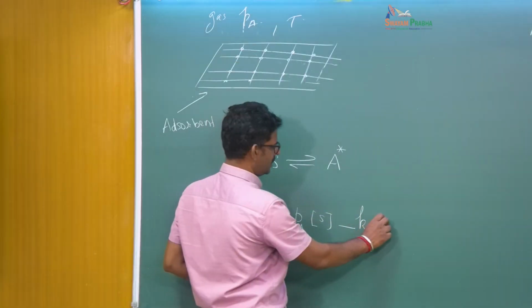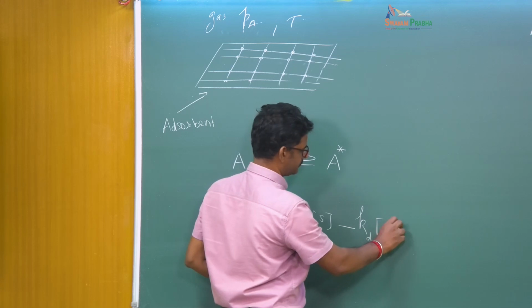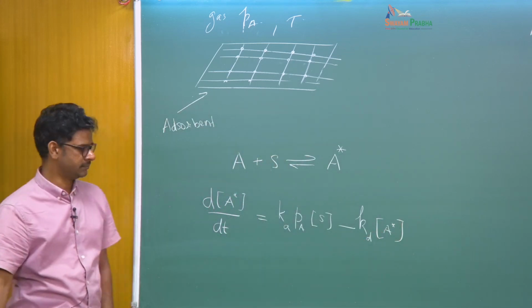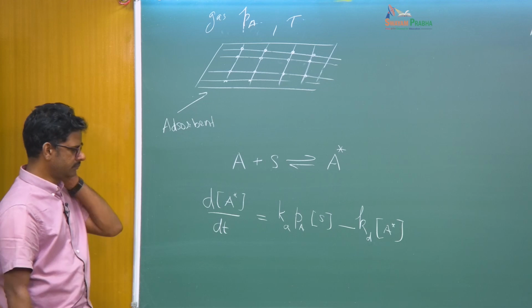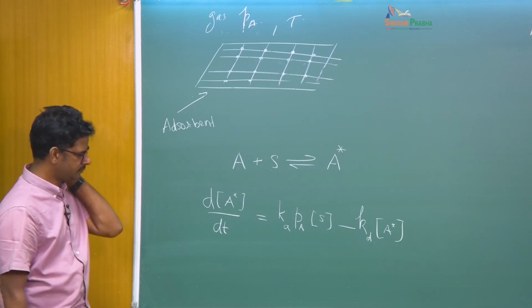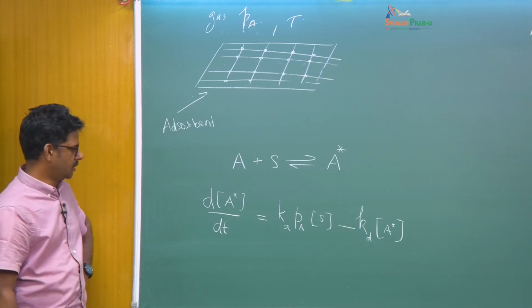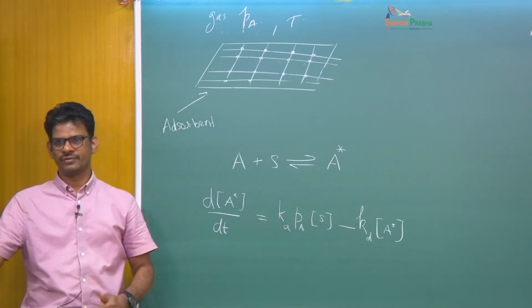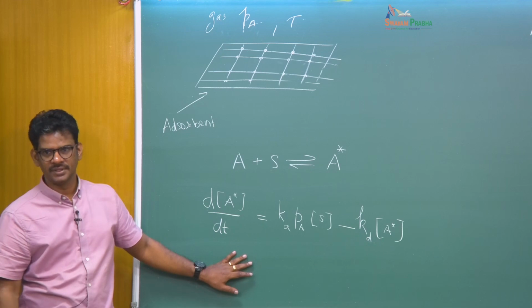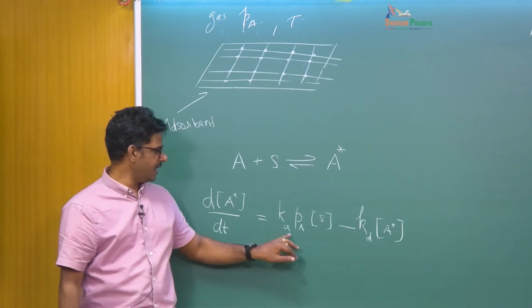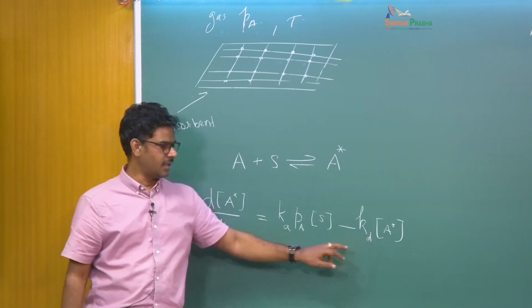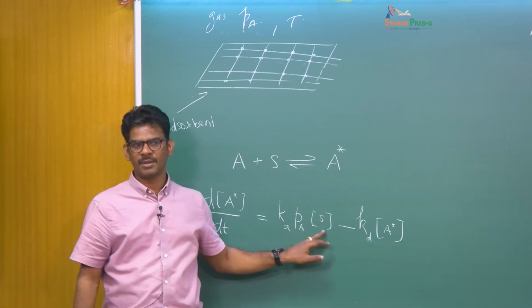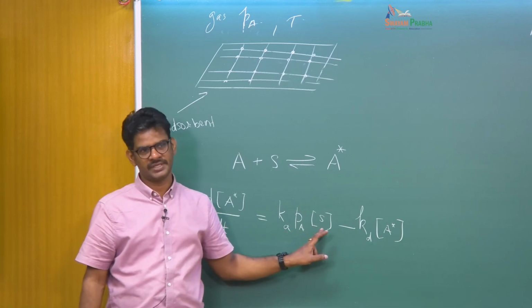We are going to say this is A star. If you want to solve this equation, you get the time evolution of A star, and for that you need Ka and Kd, and you also need how the number of free sites changes with respect to time.